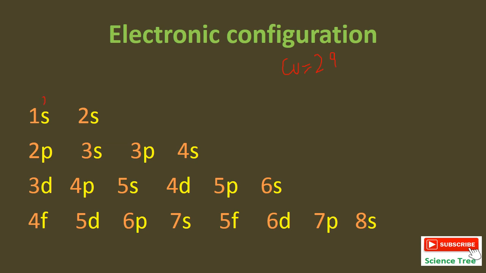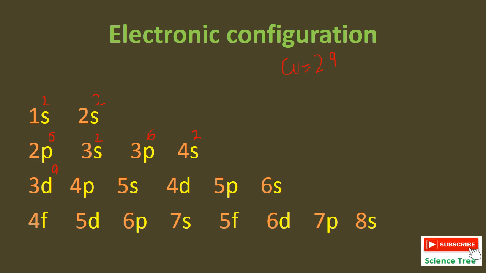So 1s will get 2, 2s will get 2, 2p will get 6, 3s will get 2, 3p will get 6, and according to the simple configuration, 4s will get 2. So they will become 20. And the rest of the 9 electrons will move to d subshell, because d can accommodate up to 10 electrons.